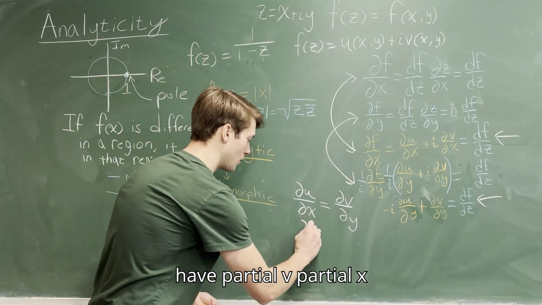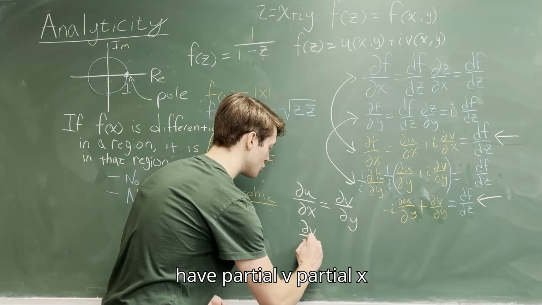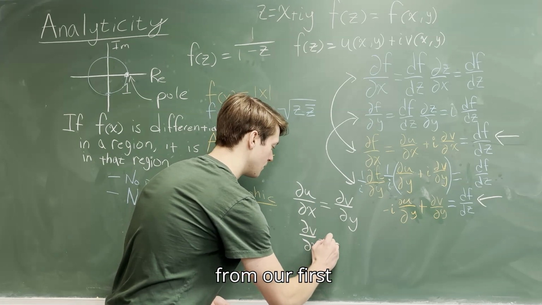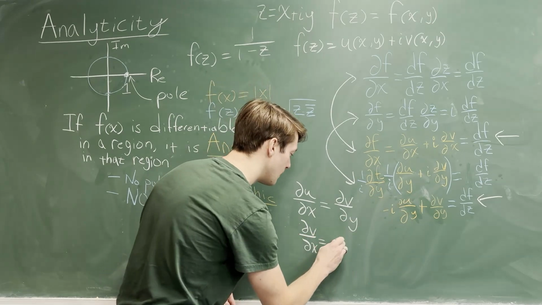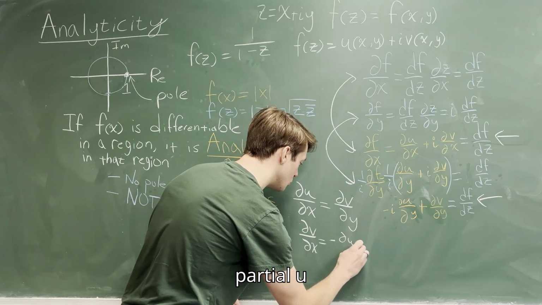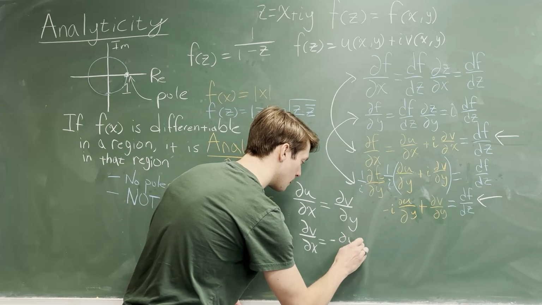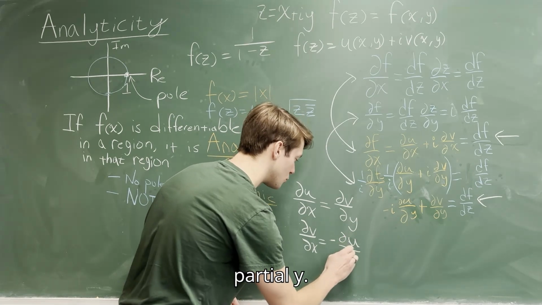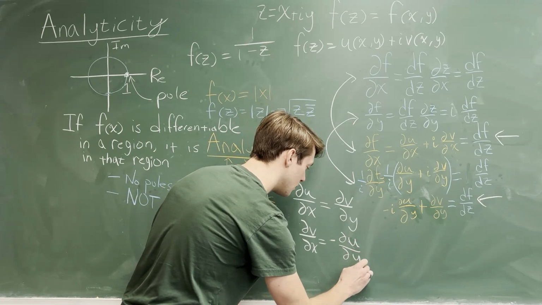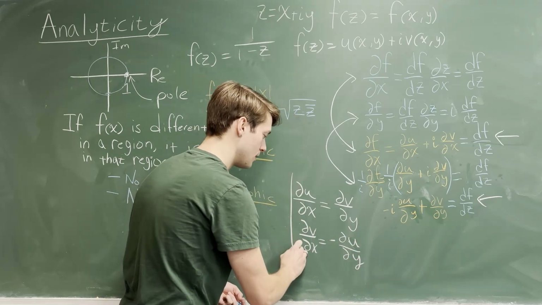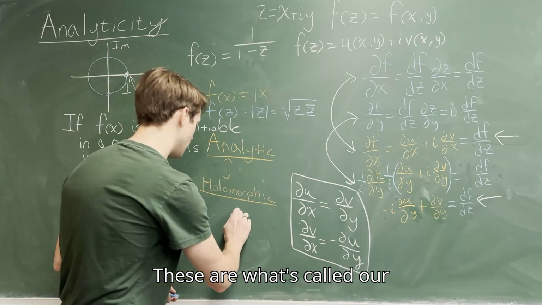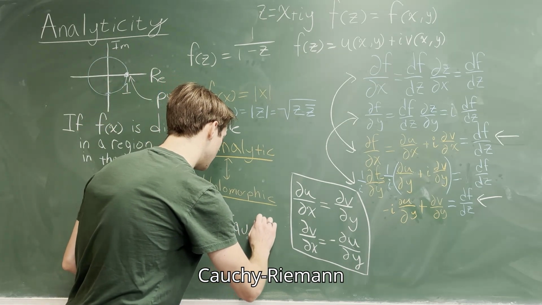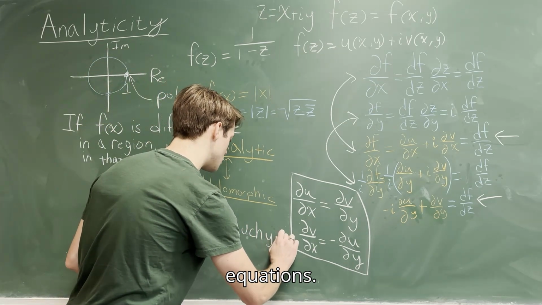So we should have partial v partial x from our first definition, and then is equal to negative partial u partial y. I'm going to put a big box around these. These are what's called our Cauchy-Riemann equations.